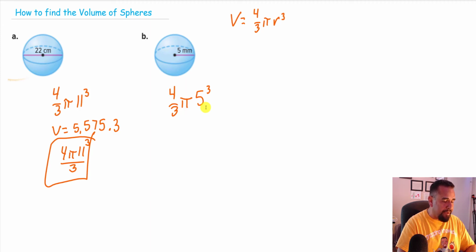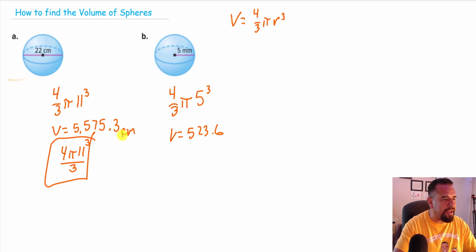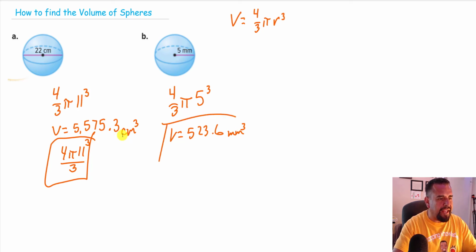But now I have to remember to divide this by 3, and my final answer is 523.6. So the volume for this sphere is 523.6. Now, also, one thing I didn't do on the last example here, notice is centimeters. You should always write the measurement there. So that would be centimeters cubed. This is millimeters cubed. All right, that's my final answer there.